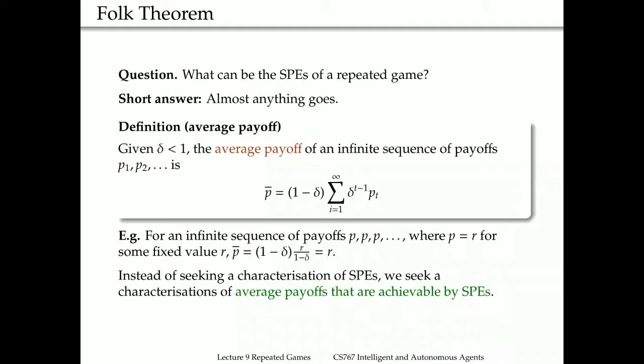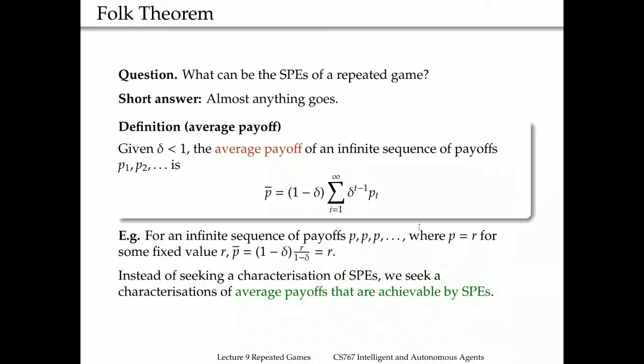According to our intuition about what we mean by average payoff, the average payoff should be exactly that payoff, 5. If I have an infinite sequence of 5s, then the average should be 5, and this definition exactly captures this. Because if you add up the discounted values, 5 times delta, 5 times delta squared, 5 times delta cubed, and so on, you get 5 over 1 minus delta.